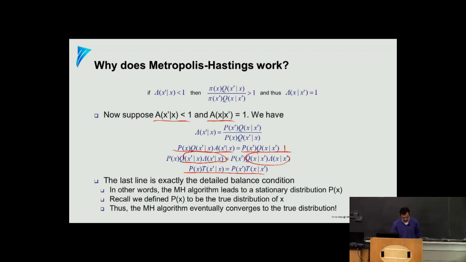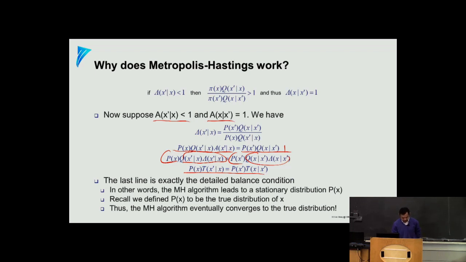Okay, so what do we get? What we get is that the Metropolis-Hastings algorithm defines a transition kernel that satisfies detailed balance. And even more interestingly, you have the P here. That means the detailed balance holds for your target distribution, not just any other random distribution.